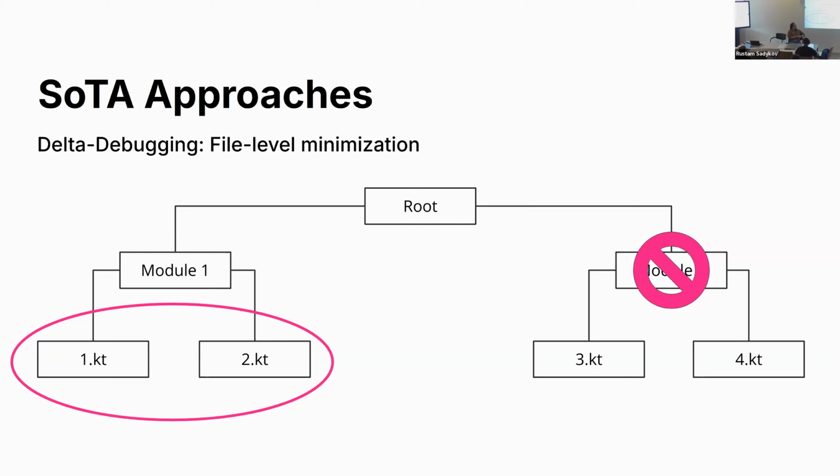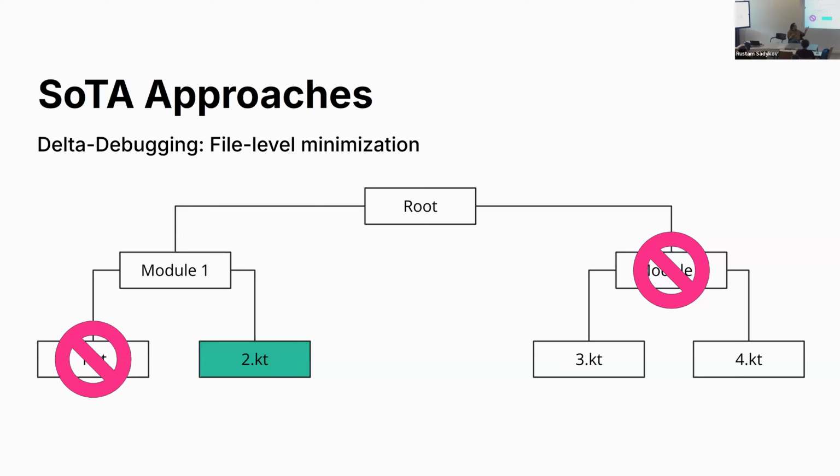And then, after we succeed with one level, we go deeper, to the next level, and again try to do just delta debugging. And as a result, we receive something like this.